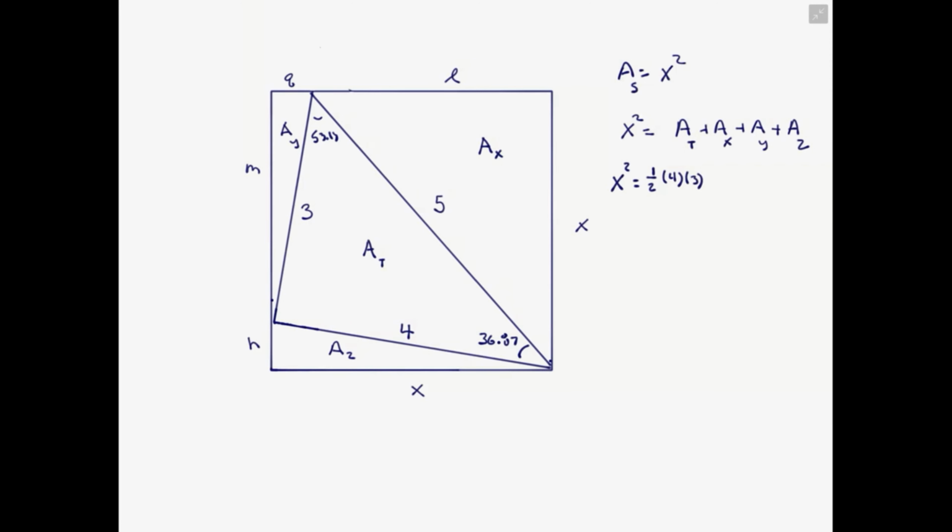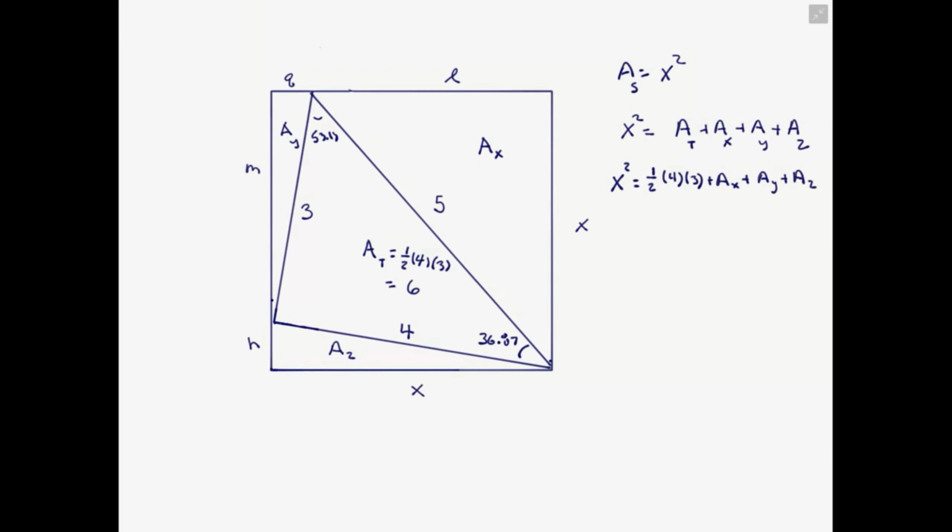That's the area, a sub t, of the right triangle in the middle here, this 3, 4, 5 triangle. So that's 1/2 the base times the height, and that is 6. So I've got plus a sub x plus a sub y plus a sub z.